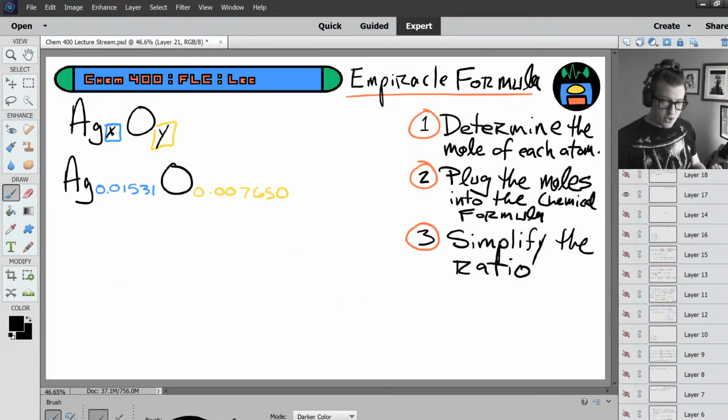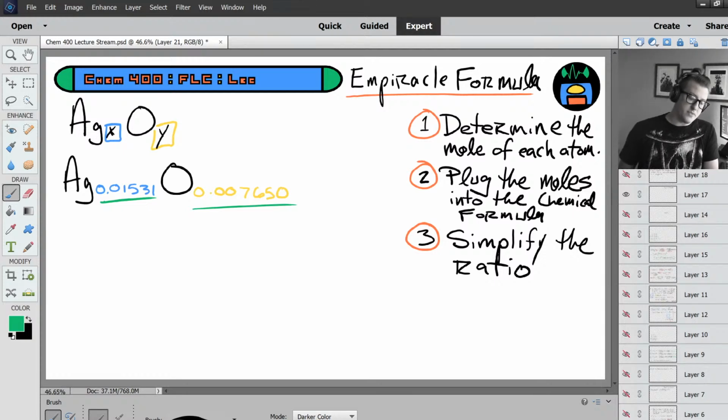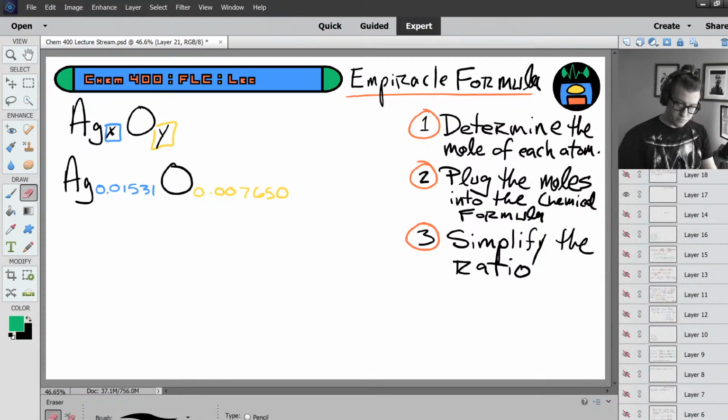And even though we do have that ratio here, and this is the correct ratio that we're dealing with right here, the correct ratio is 0.01531 to 0.007650. That ratio is accurate, but it's not the simplest, right? In an empirical formula, you need the simplest whole number ratio. So we need to determine what that simplest whole number ratio is.